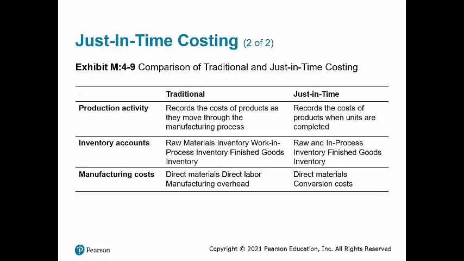In just-in-time, we only have 2 inventory accounts: raw and in-process inventory and finished goods inventory. Under traditional costing, we will have 3 different types of manufacturing costs: direct materials, direct labor, and manufacturing overhead. But in just-in-time, we have direct materials and then conversion costs, which combine direct labor and manufacturing overhead together.